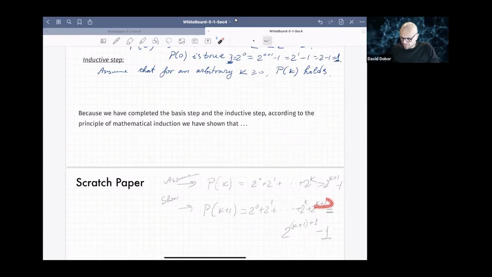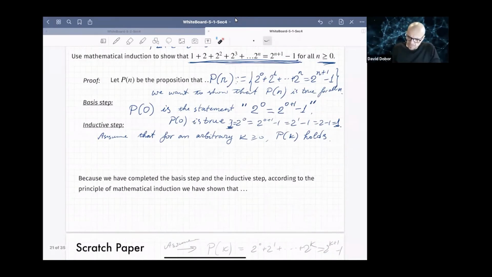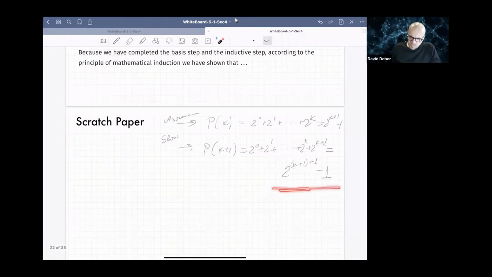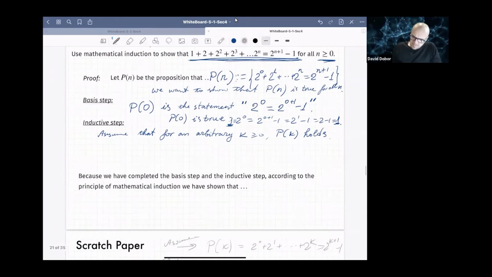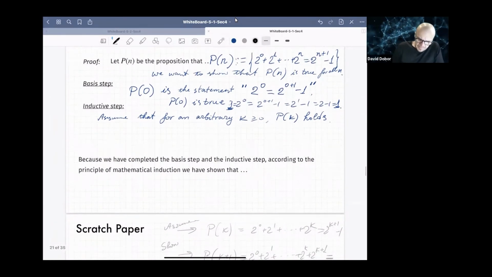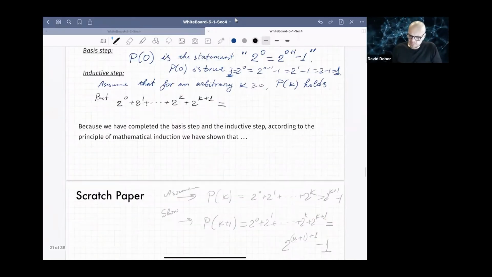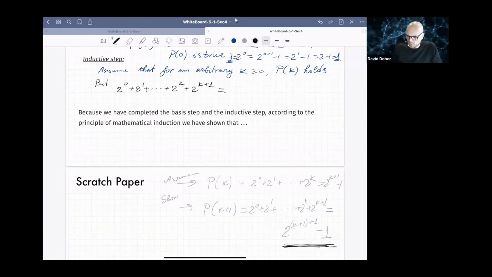I just plugged in k plus 1 for n in my general expression, so I have k plus 1 plus 1 here. That's what we need to show. I'm writing down the expression for P of k plus 1, and I want to show that this equals that. This is where I'm headed.